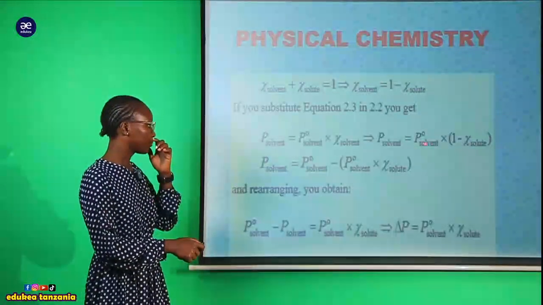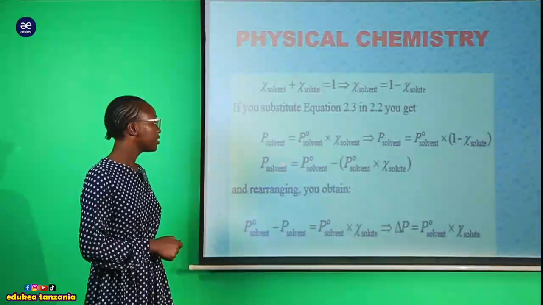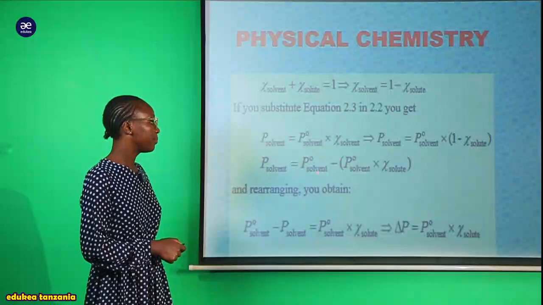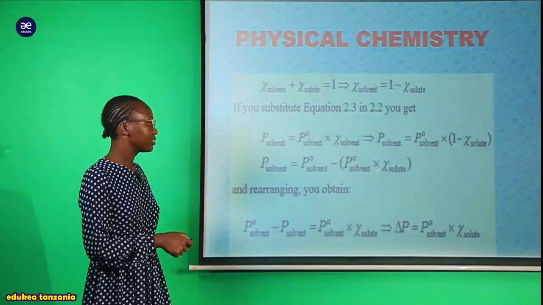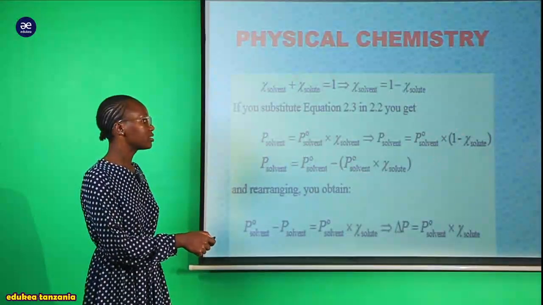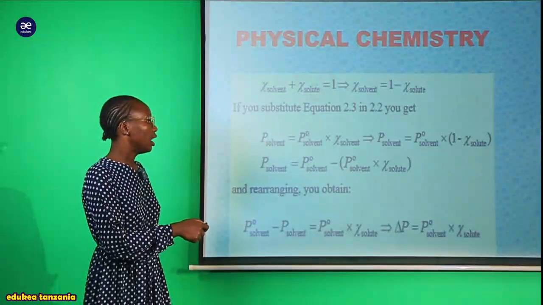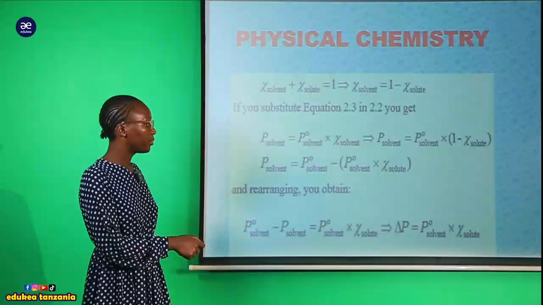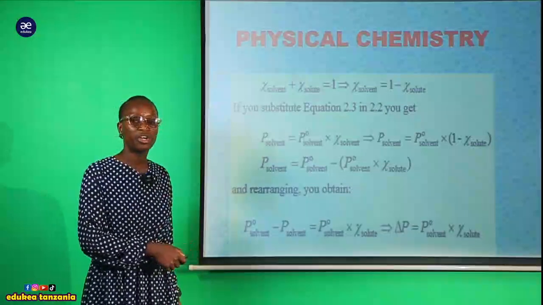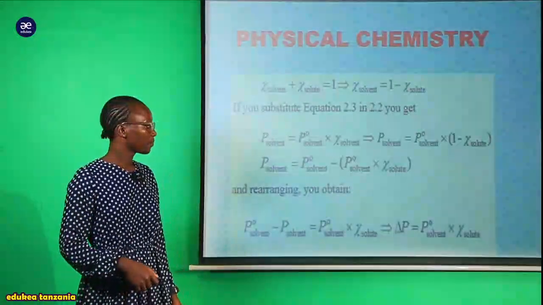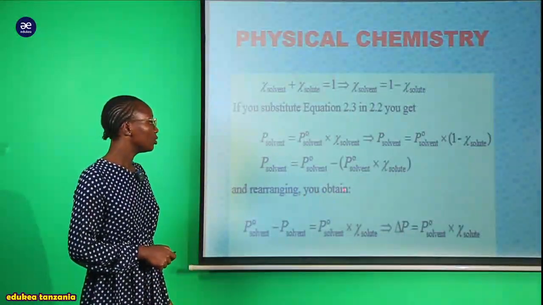Therefore itakuwa ni pressure of the solvent sasa na pure vapor pressure minus pure vapor pressure of the solvent mara mole fraction of the solute. Therefore, rearranging you obtain this one.